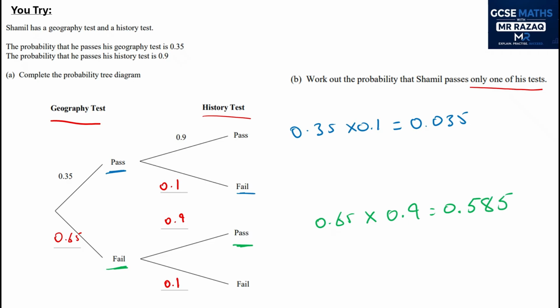And then you can add both of these probabilities together. So that would be 0.035 add 0.585, which is equal to 0.62.